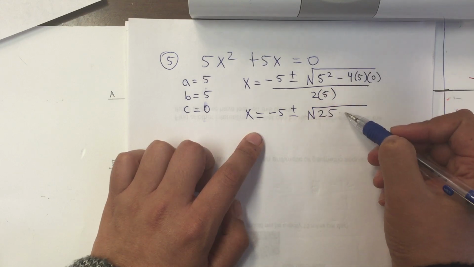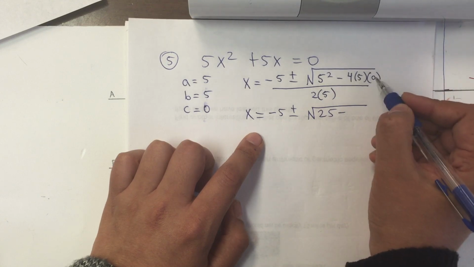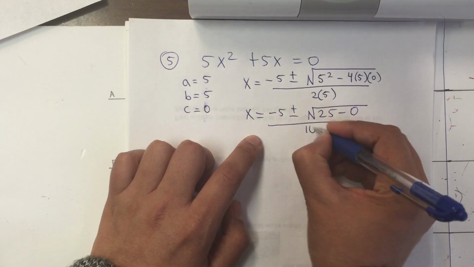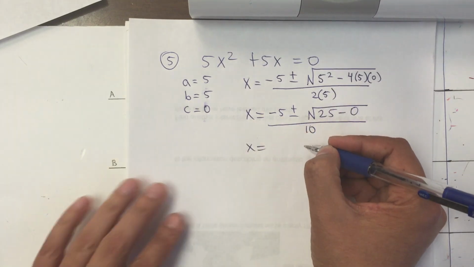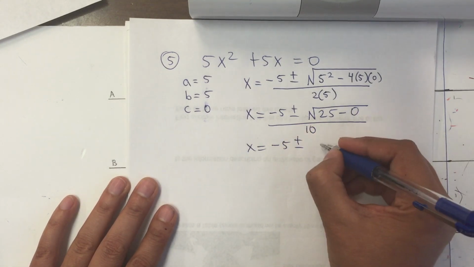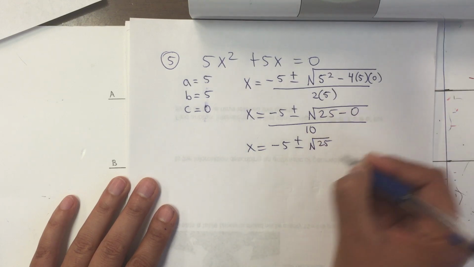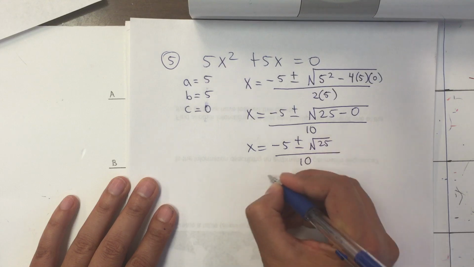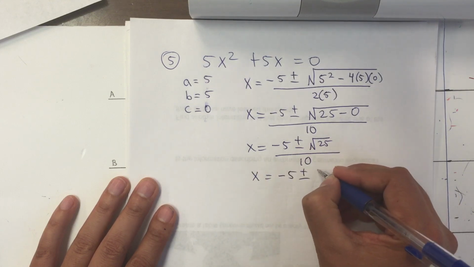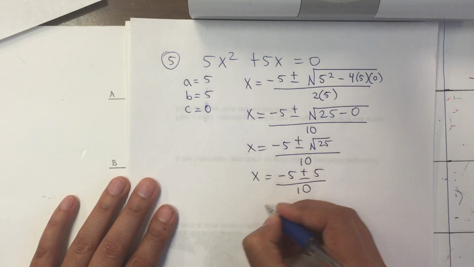And then we subtract 4 times 5, which is 20, times 0 is 0, divided by 2 times 5, which is 10. So x is equal to negative 5 plus or minus the square root of 25, which is 5, over 10.